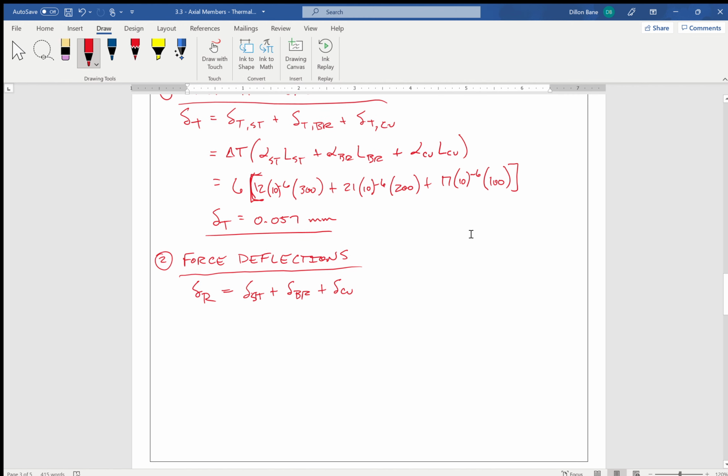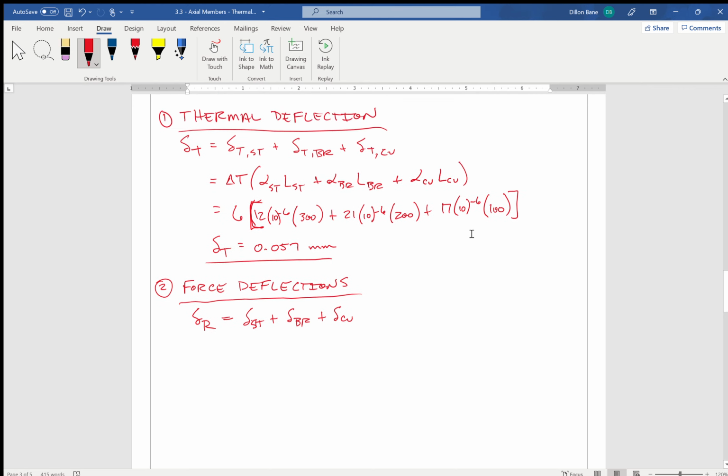And also, just like the thermal deflection, the P force that's going to be in all of these equations is going to be constant. We determined that from our free body diagrams that we first drew. And that P force is also going to be equal to the reaction force that's developed at both of the reactions.